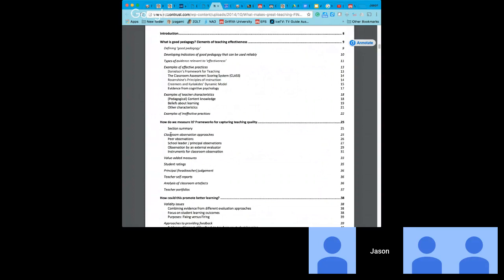It is a good document, but we need to remember undergraduate students are still developing what it is to be a teacher. And really, until you've been a teacher for a couple of years, it's very difficult to self-reflect upon what it is to be a good teacher.